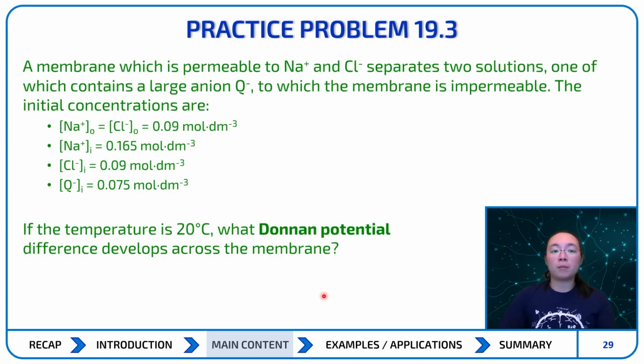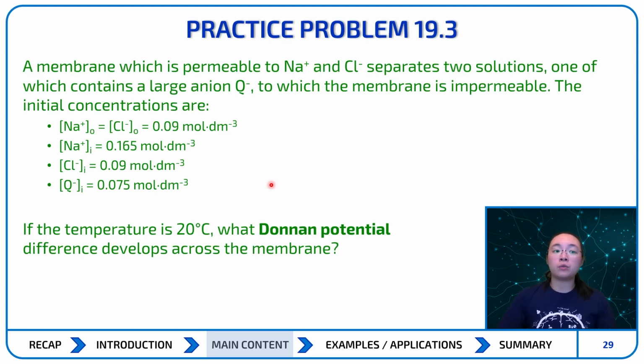Now, practice problem 19.3 goes through the Donnan potential. You're trying to calculate the Donnan potential that develops across a membrane given all of these values. So use the Nernst equation and potentially the Goldman equation. Try and figure out what kind of Donnan potential difference develops across the membrane from this over here.